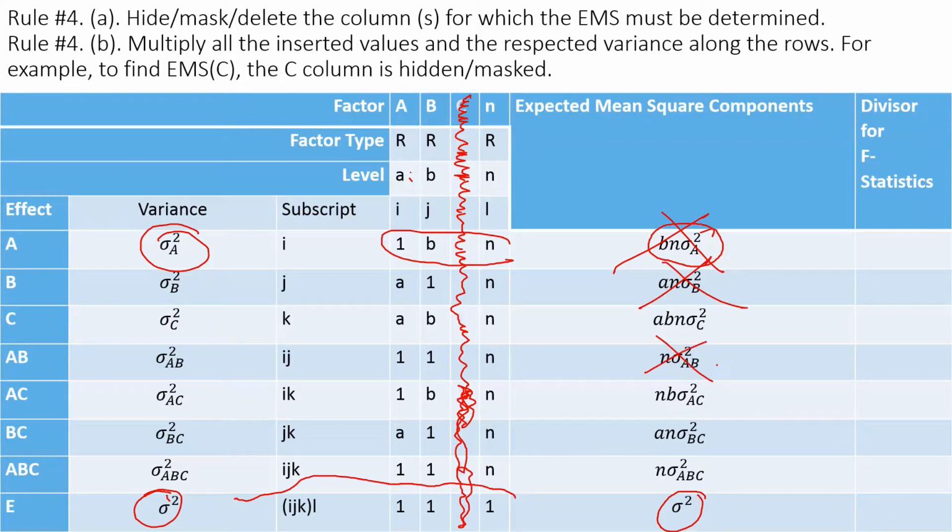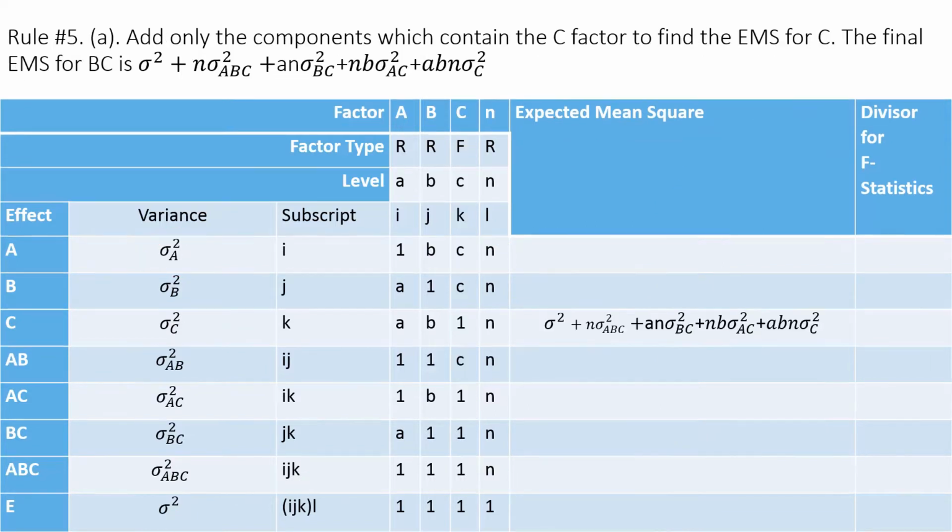This one does not contain C. So to calculate C, it's going to be basically sigma square plus N sigma square ABC plus AN sigma square BC plus BN sigma square AC plus this ABN sigma square C. So that was actually rule number 5, which you will see in the next slide, this one. So this is the expected mean square for C.